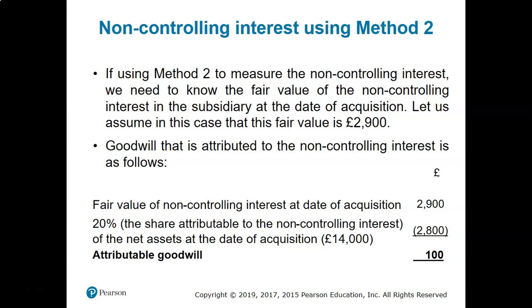Non-controlling interest can also be measured based on the fair value. If you consider the fair value is 2,900 for the non-controlling interest, then the remaining 100 should be considered as the goodwill attributable to the non-controlling interest.